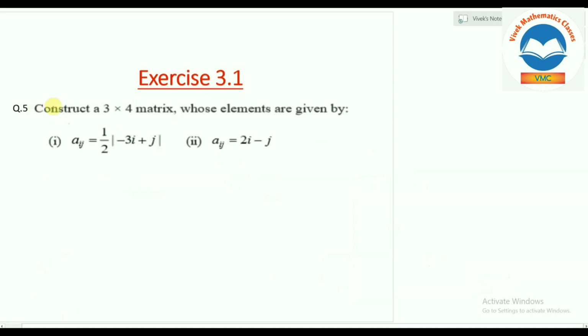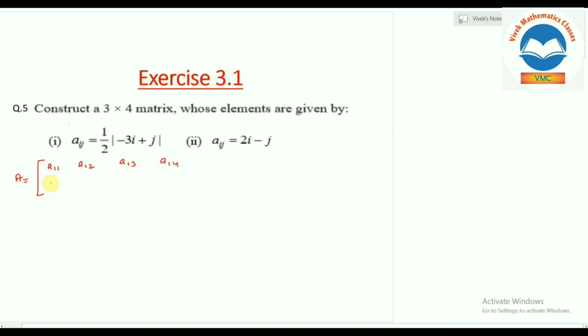Next. Here they are asking, construct a 3 cross 4 matrix whose elements are given by this. Okay, same thing. Here they have given one relation, and based on this we will find a 3 cross 4 matrix. 3 cross 4 means what? The format should be 3 rows and 4 columns. So it will be A11, A12, A13 and A14.